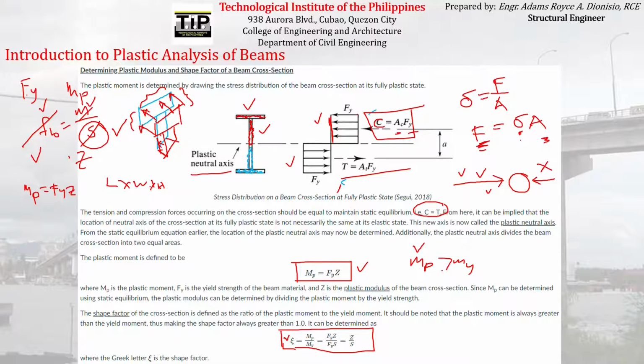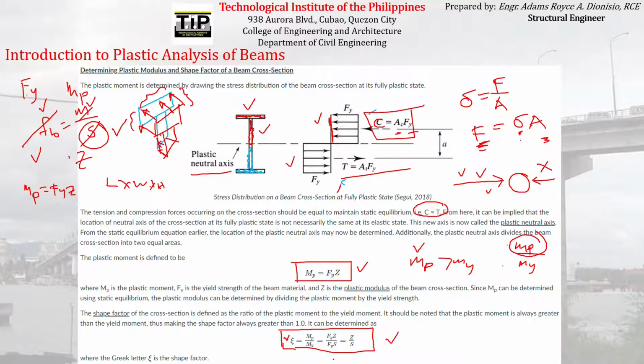Okay, so obviously, palagi mas malaki yung MP tsaka yung My. But since ang shape factor is ratio ng MP and My at lagi mas malaki yung numerator sa denominator, expect mo yung shape factor natin usually greater than 1. Kasi nga, palagi mas malaki yung numerator. Okay, so that is the formula for shape factor.